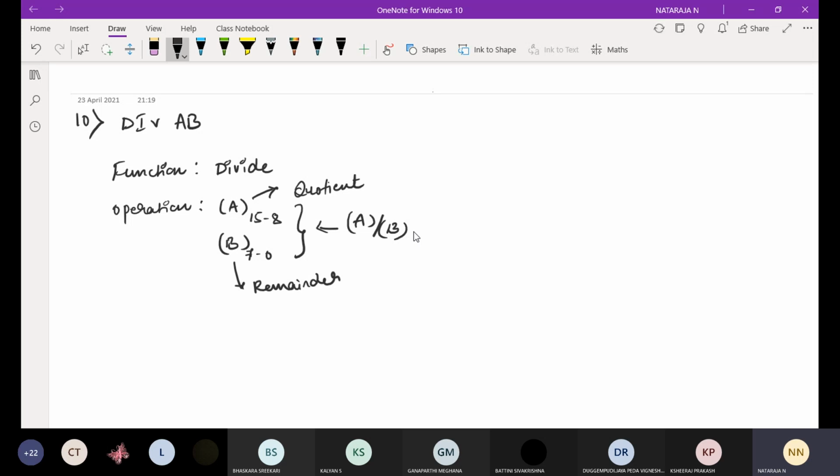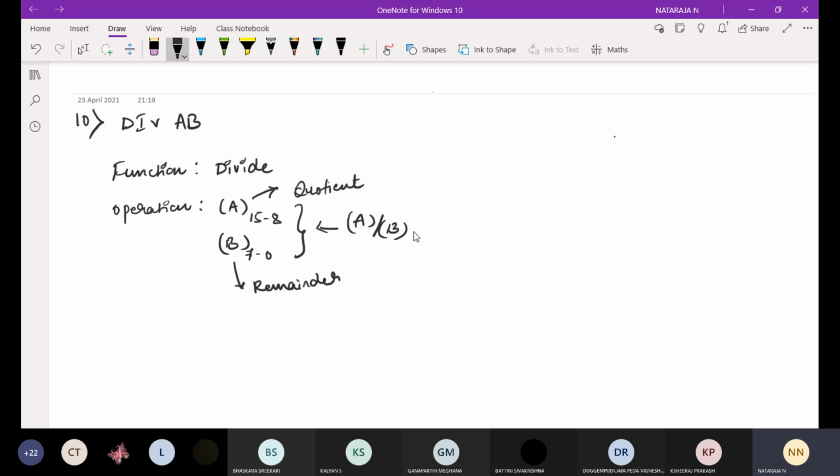Bits 0 to 7, the lower byte, will be stored in the B register, that is the remainder, and the accumulator will be stored with the higher byte, bits 8 to 15. When we divide A and B, the output will be stored in A and B only.